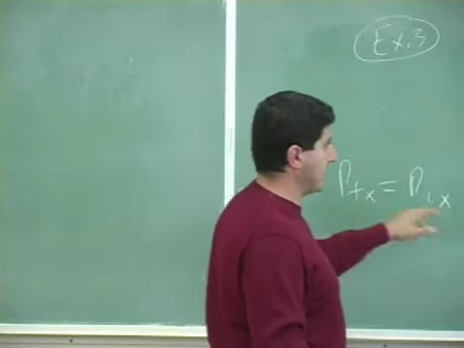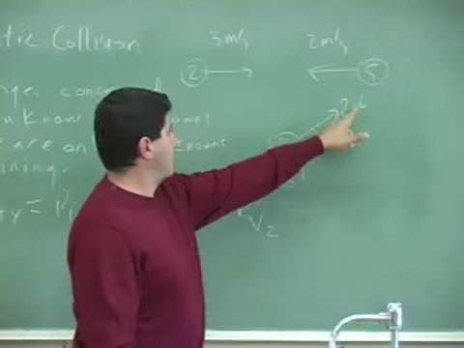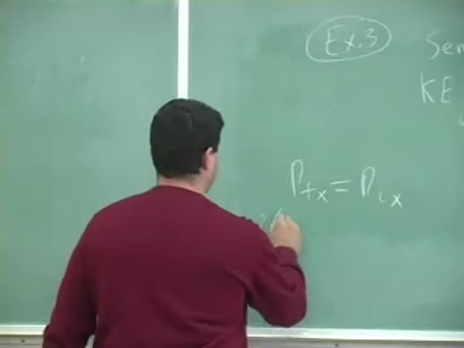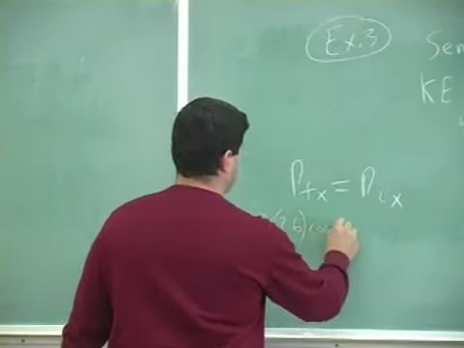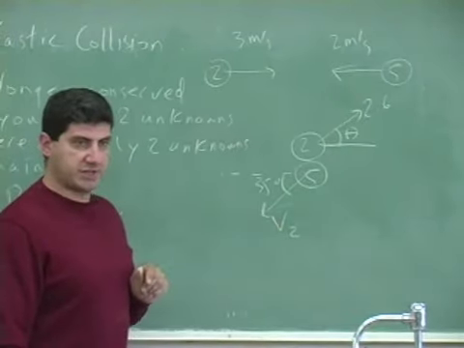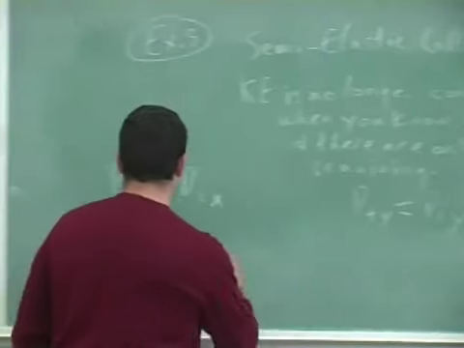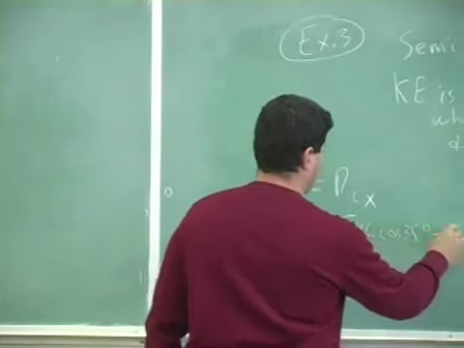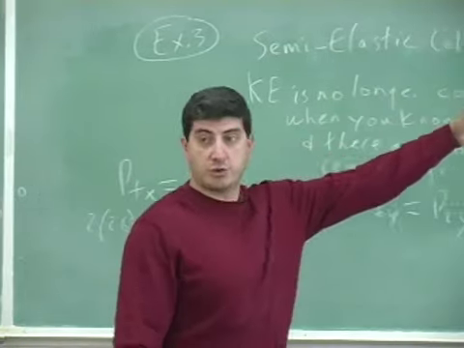The final momentum in the x is what? 2 times 2.6 times cosine theta. And then the momentum of this is 5 times v2 times cosine 35, negative, right? And then the initial momentum in the x we already know is negative 4.